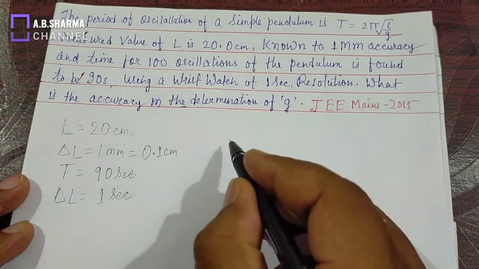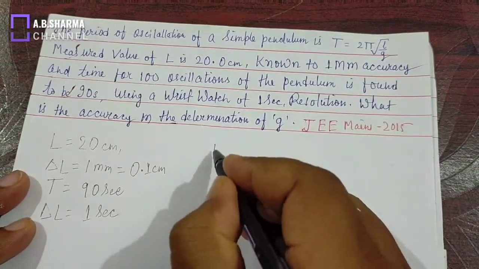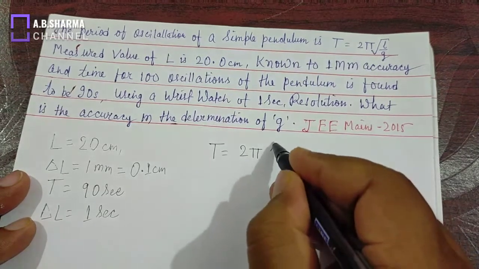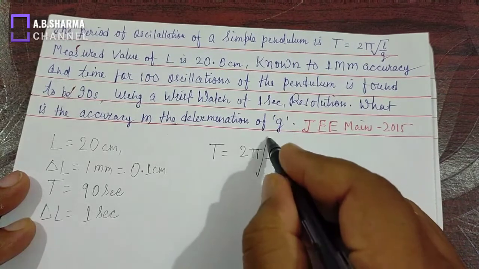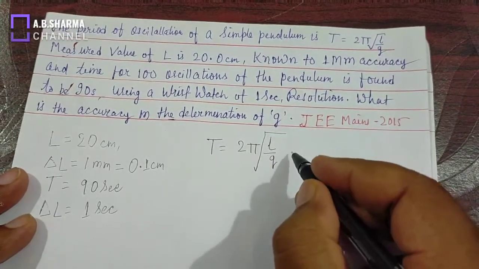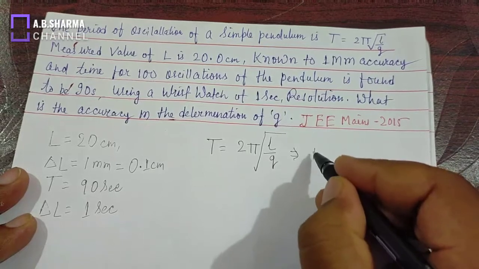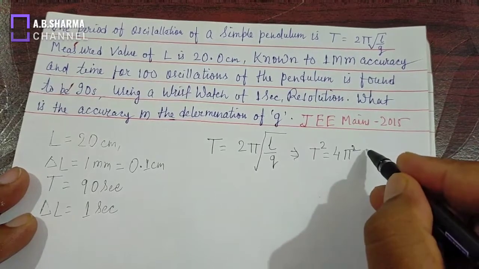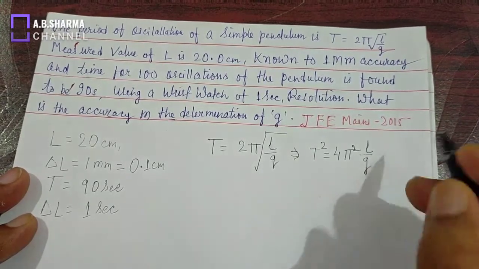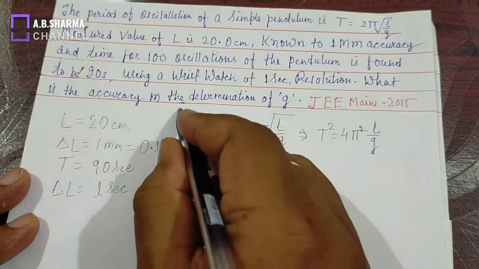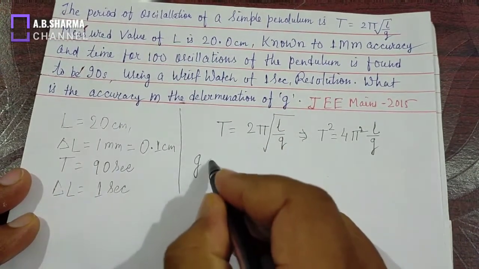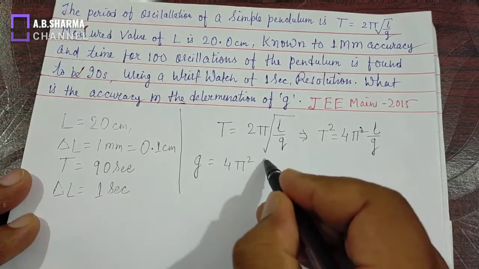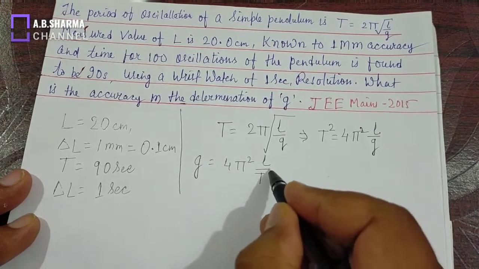Also, from the question, T equals 2 pi root L over g. So this becomes T square equals 4 pi square L over g, and transposing, g equals 4 pi square L over T square.